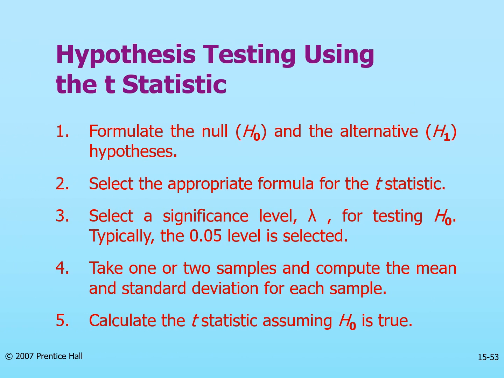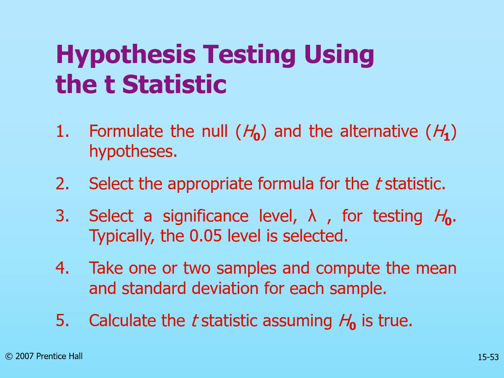Now, hypothesis testing using the t statistic. I'm just speed running it. Formulate the null hypothesis. Select the appropriate formula. Select the significance level, normally 0.05, which means 5%.